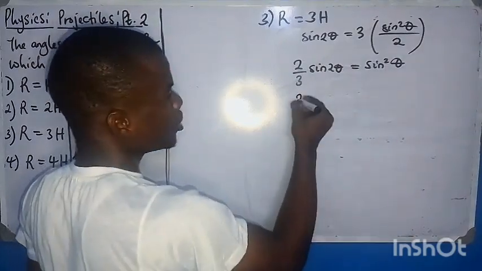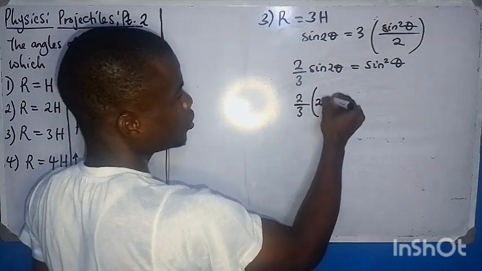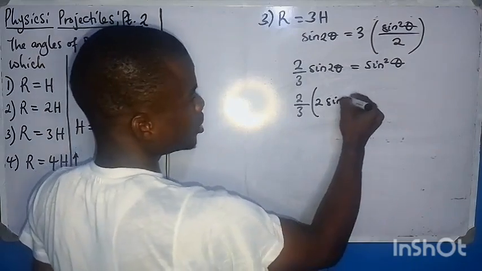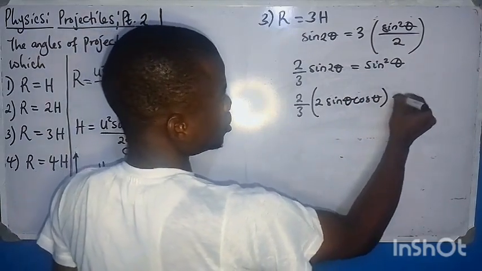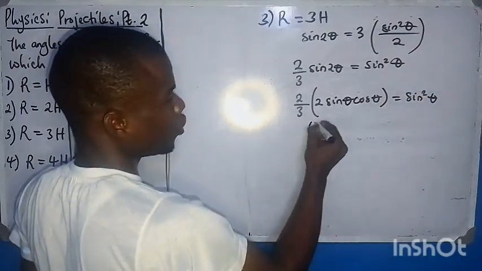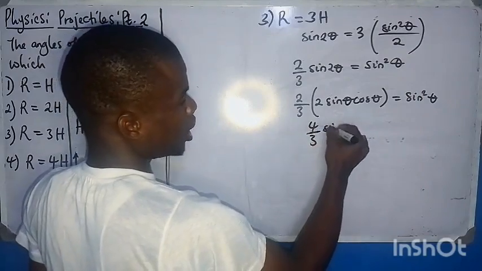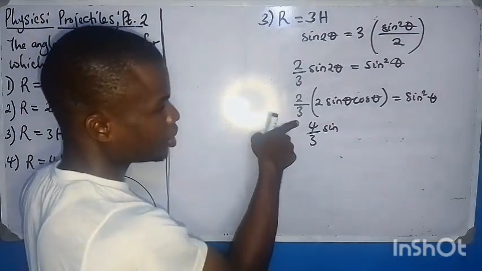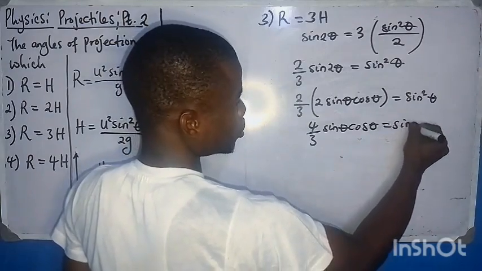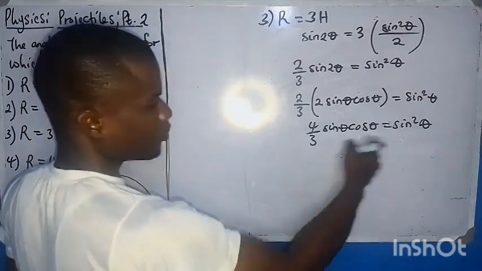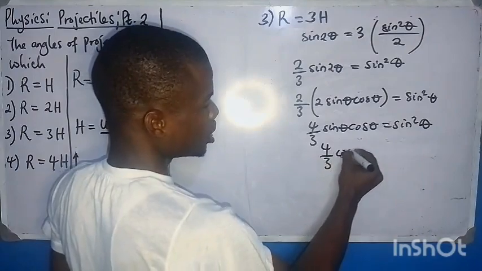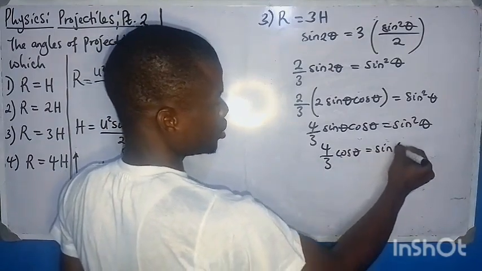So we change sine 2 theta to 2 sine theta cosine theta, which should be equal to sine squared theta. Remember, this is now 4 over 3 sine theta cosine theta, that's 2 times 2, 4, divided by 3, is equal to sine squared theta. And we divide both sides by sine theta so that we have 4 over 3 cosine theta is equal to sine theta.